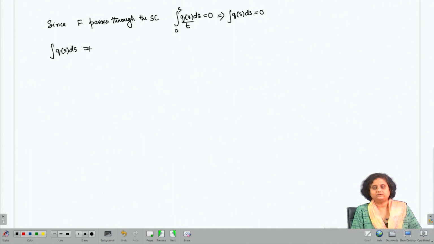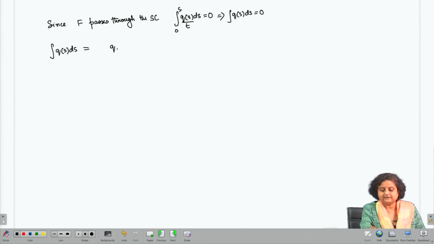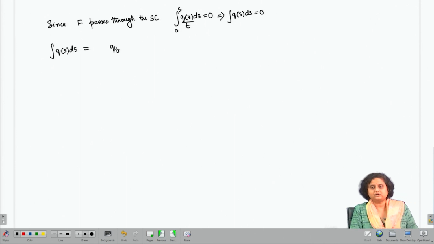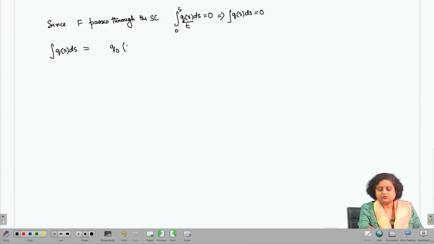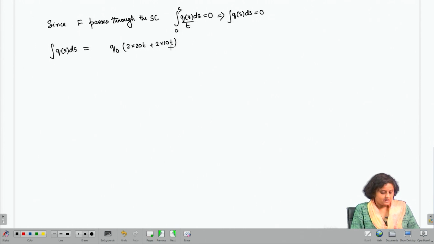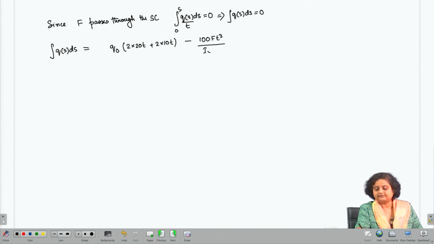So, if we evaluate this integral, we will see that there is Q0 in all the 4 equations A, B, C, D. So, it is going to be 2 into 20t plus 2 into 10t. Then we will have minus F. So, from Q2 we will be having minus 100 F t cube by Ixx.